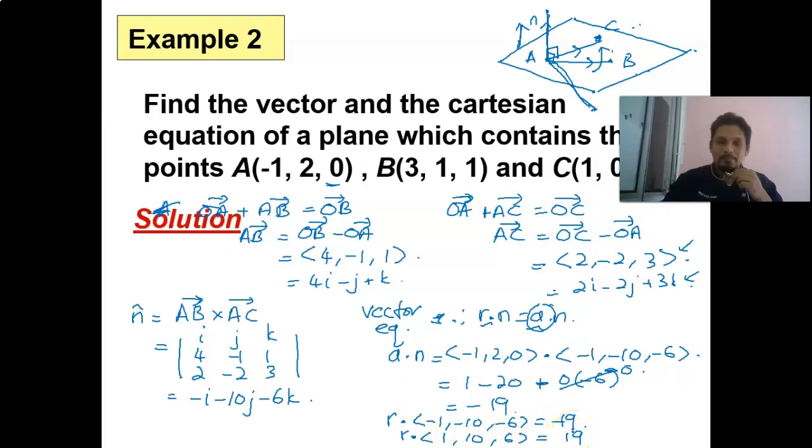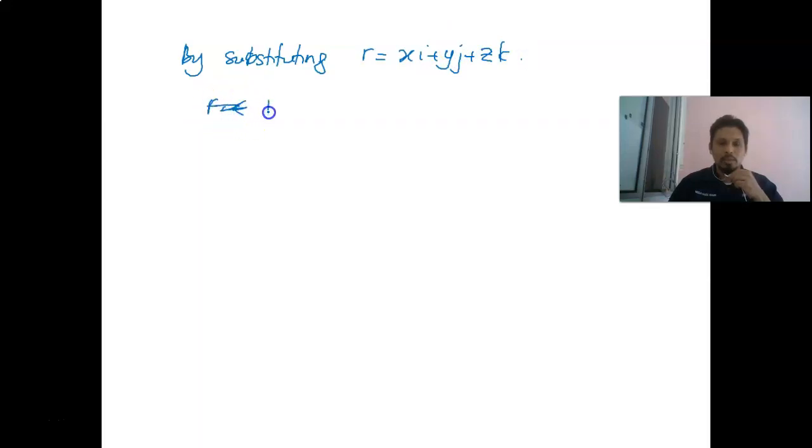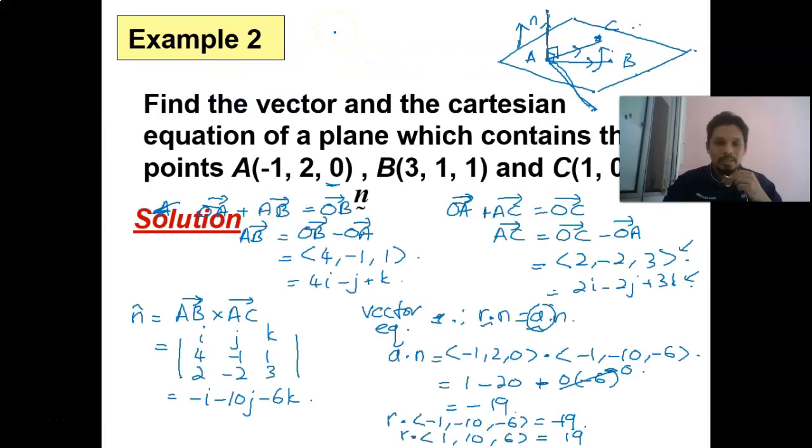Okay, so then next, by substituting r equal to xi plus yj plus zk, r dot n, we got just now the normal is negative 1, negative 10, negative 6.